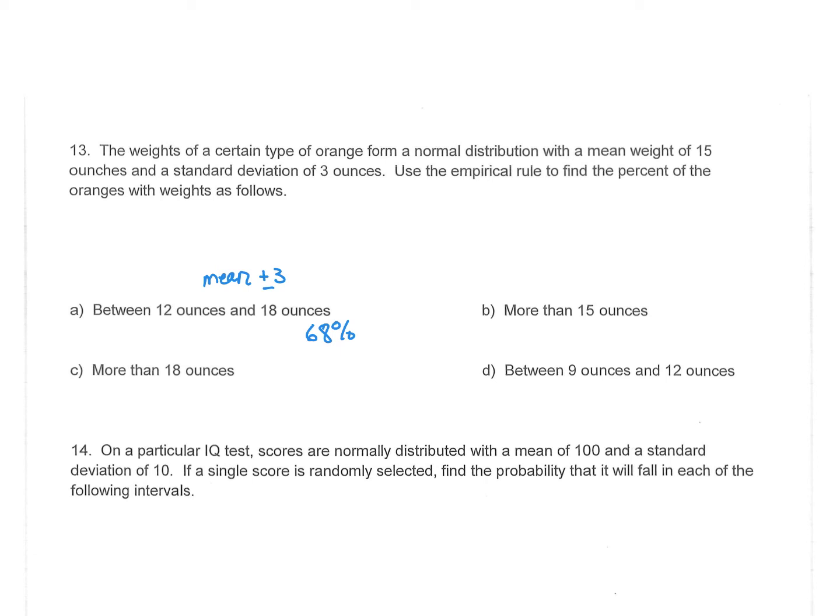Next, more than 15 ounces. Well, if it's a standard normal curve, then half of the oranges will be lower than 15, half of the oranges will be above 15. So that's 50% will be more than 15 ounces, which is the mean.